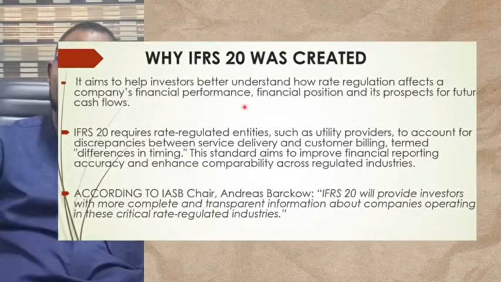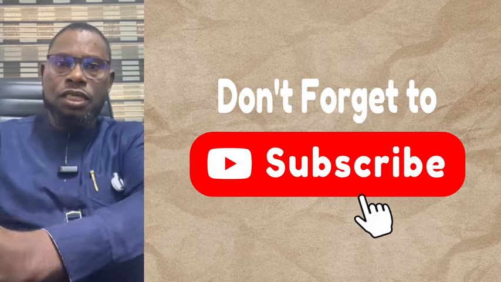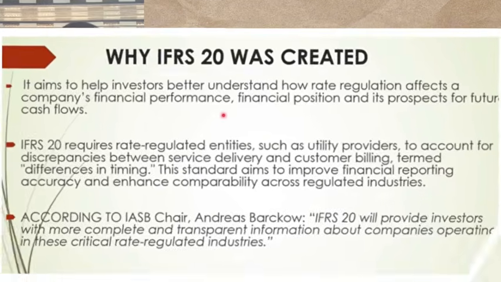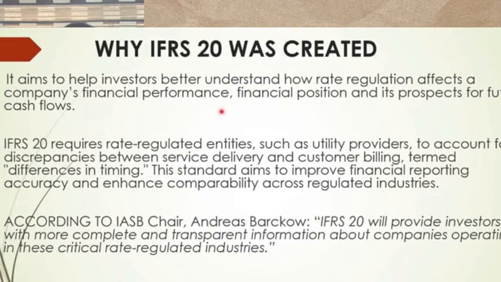The utility provider delivers its services, but the regulator does not allow it to charge and collect for that period. Because of that, we have a timing difference. So this standard aims to improve financial reporting accuracy, and enhance comparability across regulated industries.